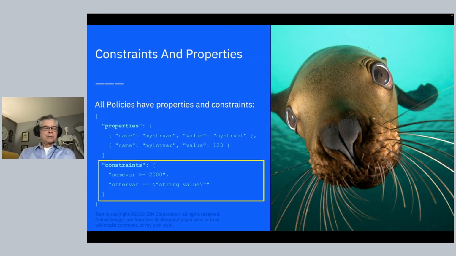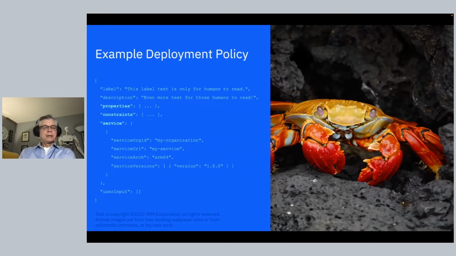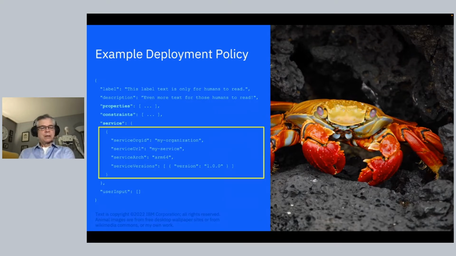So there's the properties, there's the constraints, and here's an example deployment policy. So there's properties and constraints you can put in there, like I showed on the previous slide. And then there's a service as well that is a four tuple like I showed you before that identifies the one service that's attached to this policy.